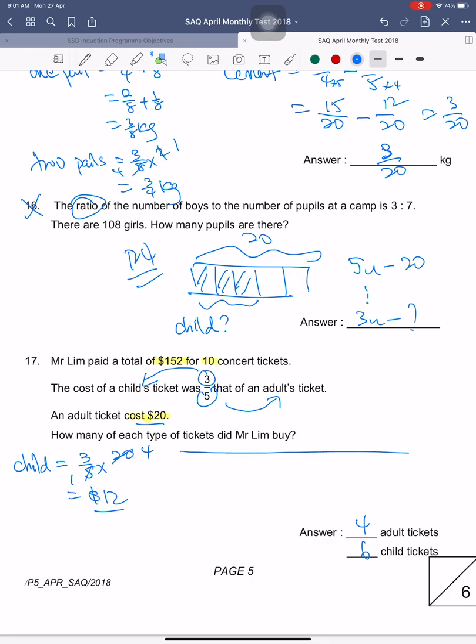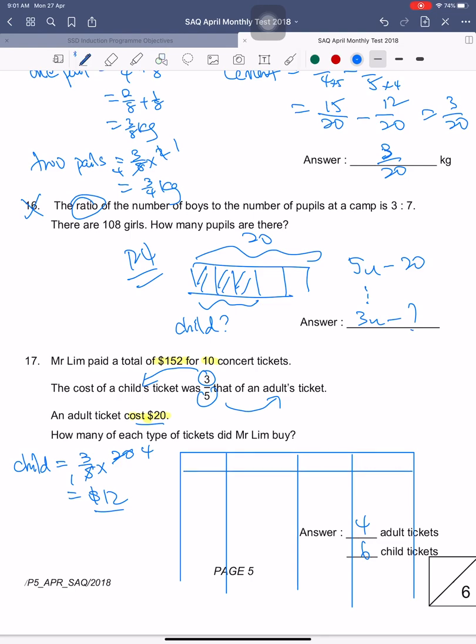You will have a table like this. First you will guess and check: that's for the child, the adult. Next you need to find out the total, and lastly you need to check.